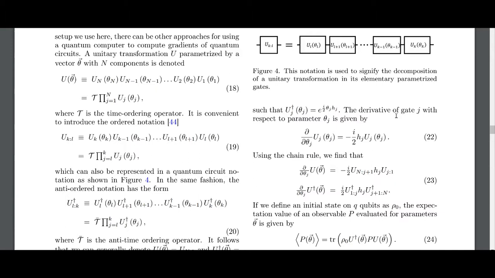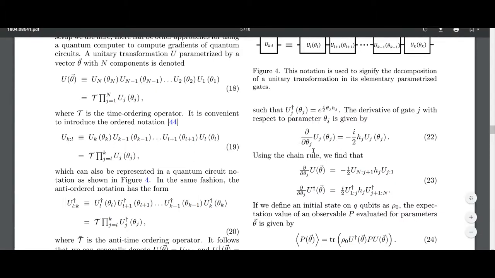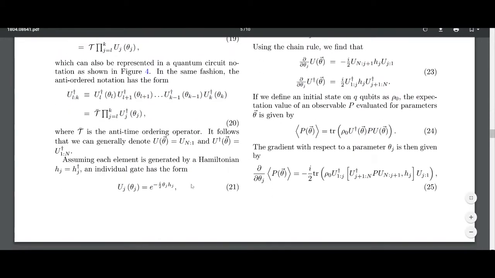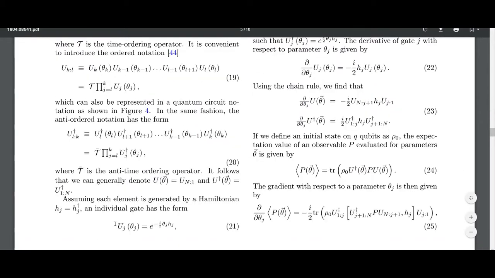The derivative of gate J with respect to parameter theta J is given by this. So what you see here is what we're trying to calculate, a derivative. How they come up with that, I don't know. Maybe based on the definition of the gate.